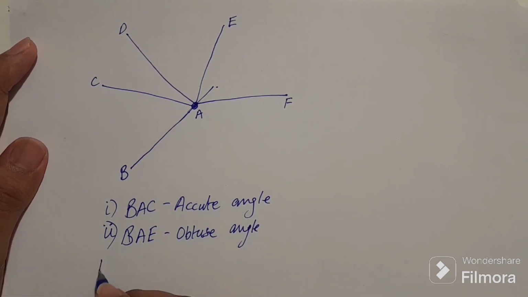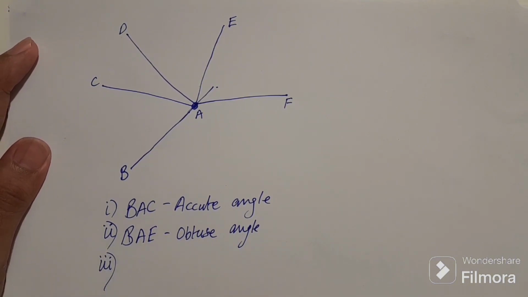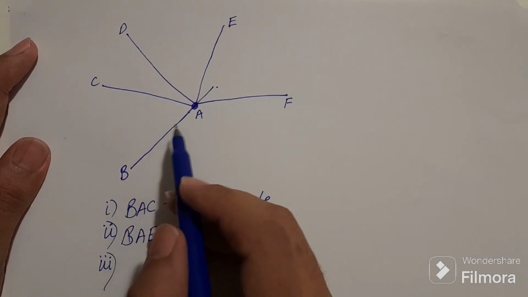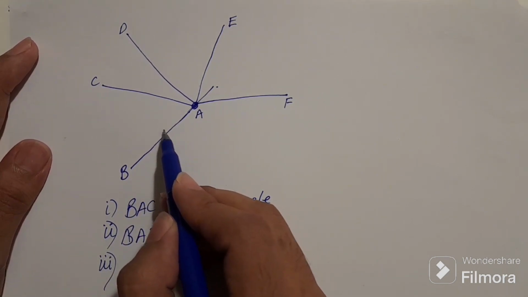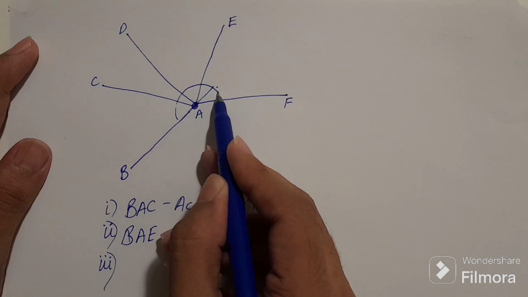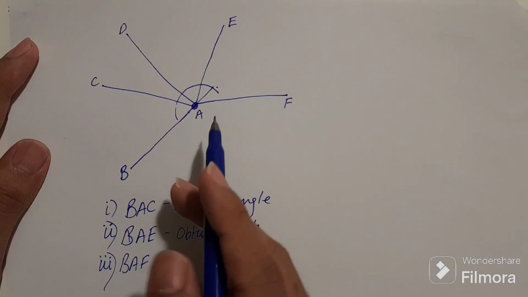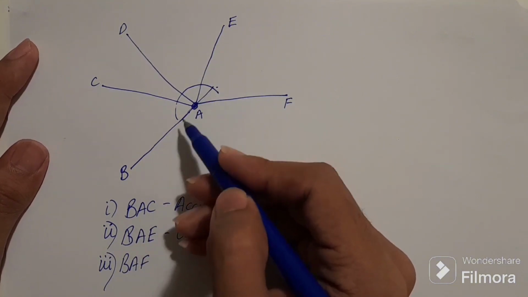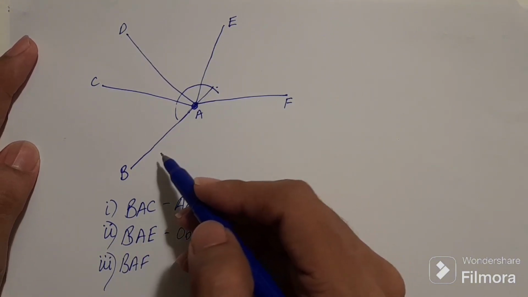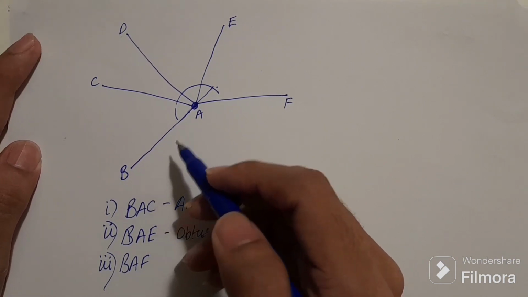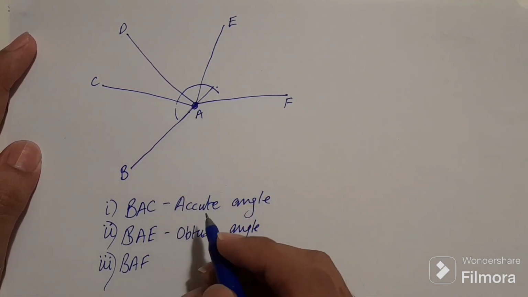The third angle is angle BAF, from the outside. The angle BAF is greater than 180 but less than 360 degrees. So this is called a reflex angle.